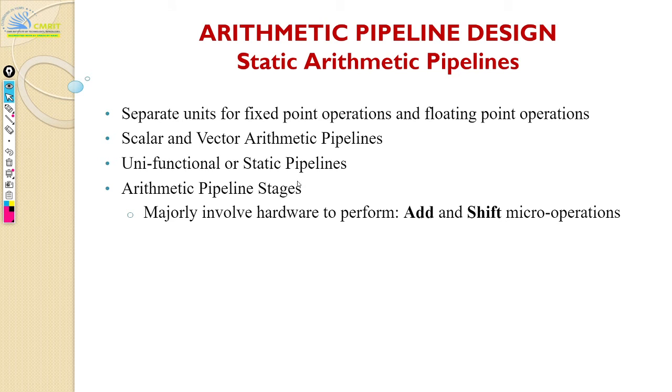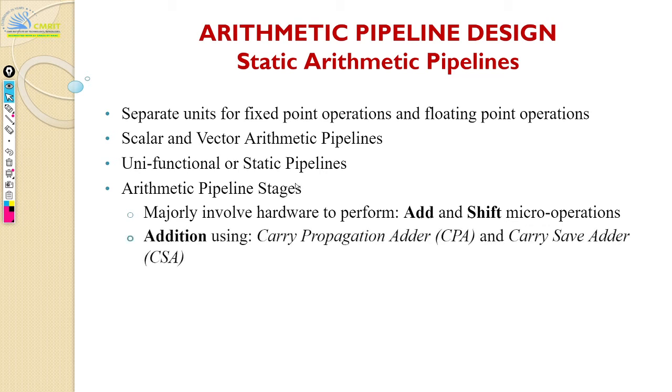So mainly your add and shift are the fundamental operations involved in arithmetic pipelines. Coming to the add portion, you can have two types of additions: one is carry propagate adder, and the other is carry save adder. So these are two different ways of adding things.